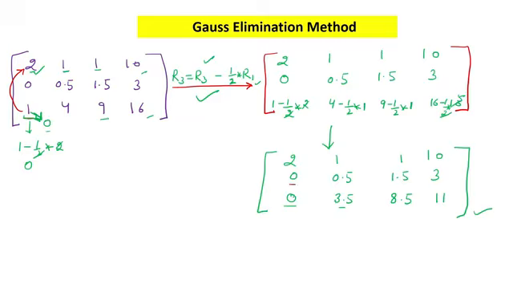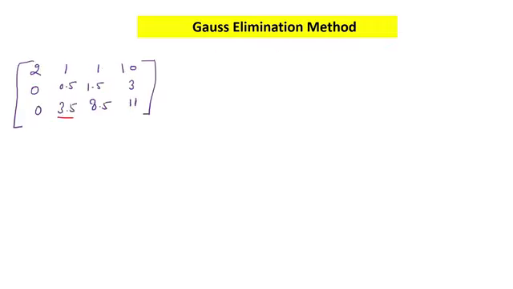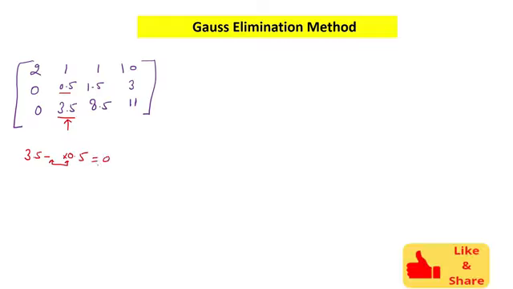Now we have made this element 0. Now we have to make this 3.5 also 0, and we will use row number 2 to make this 3.5 as 0. So let me copy this into the next page. Now you can tell me, using 3.5 and 0.5, how can we make this 3.5 as 0? If I write 3.5 minus 0.5, I will not get 0, but I can use some constant here, or you can say some ratio, so that if I multiply that with this 0.5, I can get the final answer as 0.